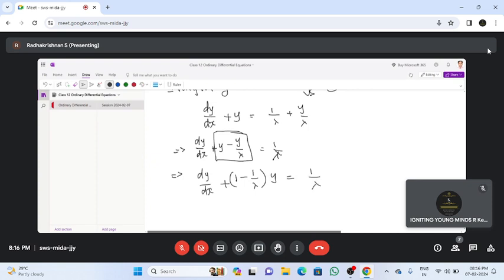So the equation reduces to this form, which is in the required form: dy by dx plus py equal to q. So now p is this.